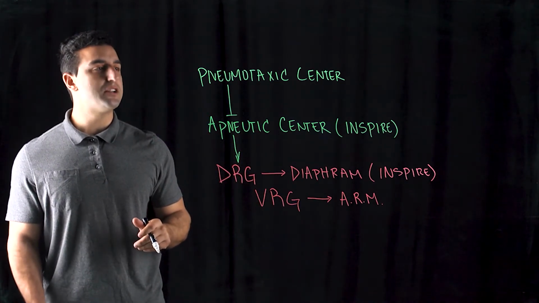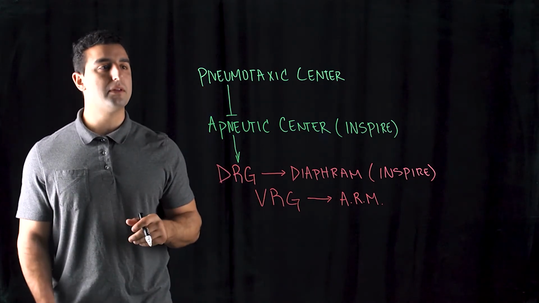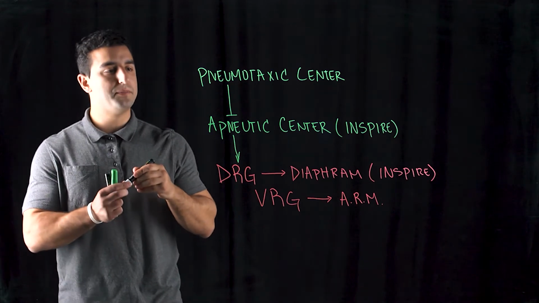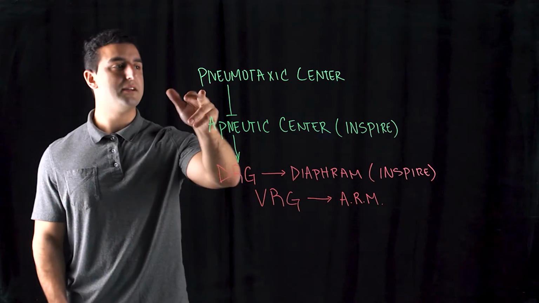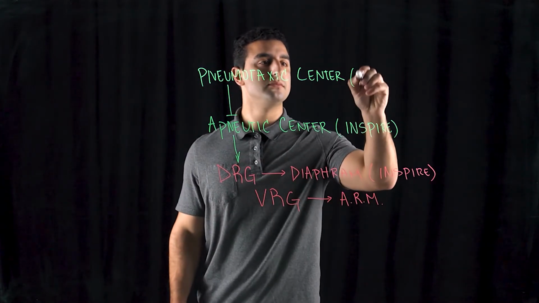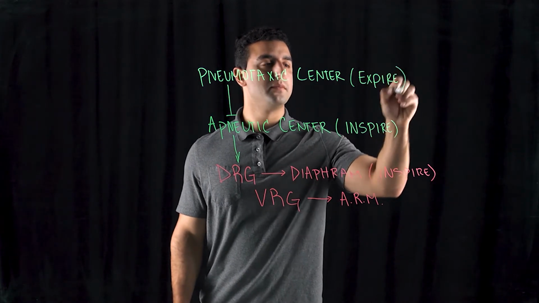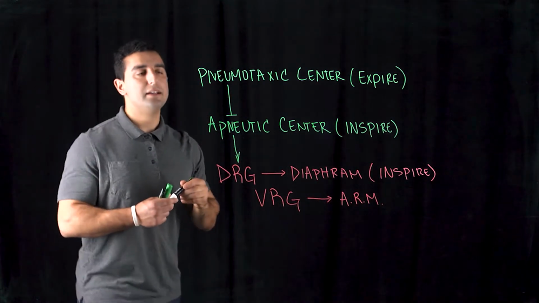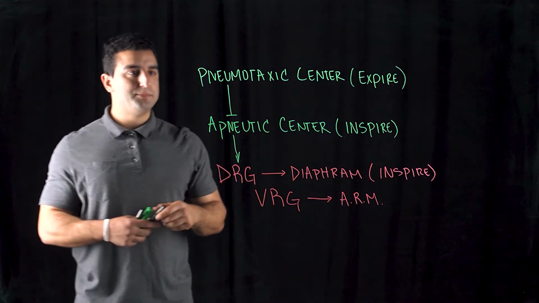When we look at this diagram, if I stimulate the apneustic center, you have inspiration. If I stimulate the pneumotaxic center, you have expiration. These centers, in white, are specifically the pons.